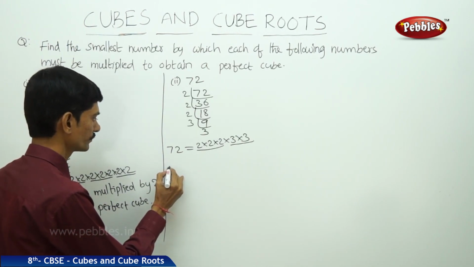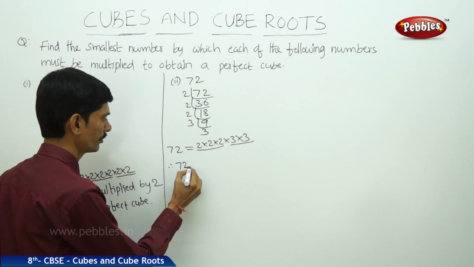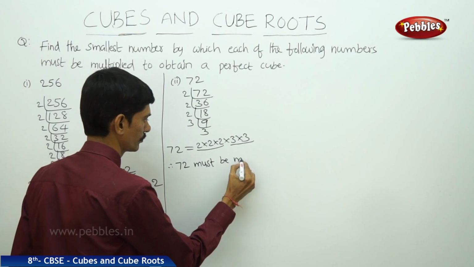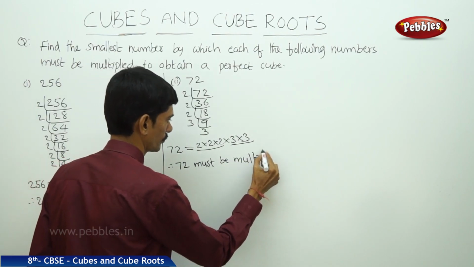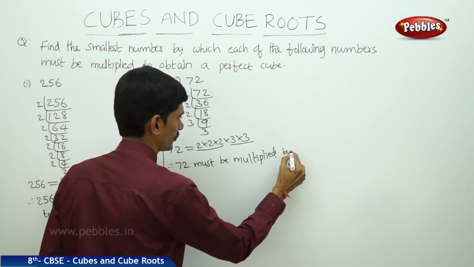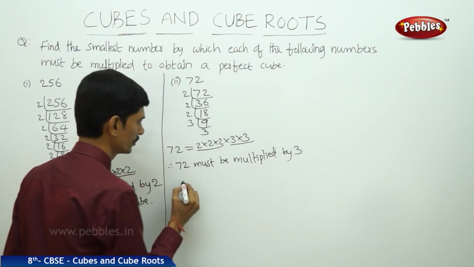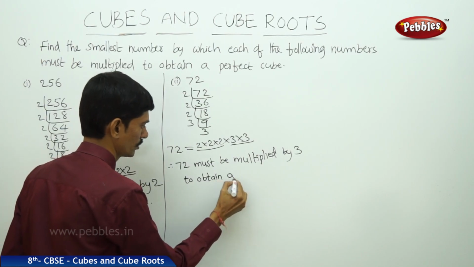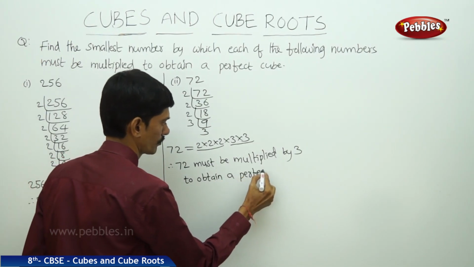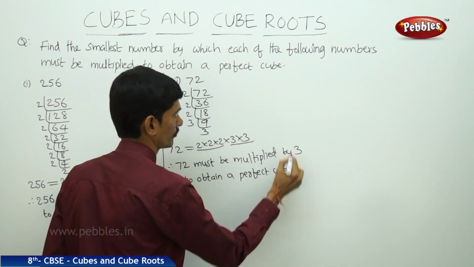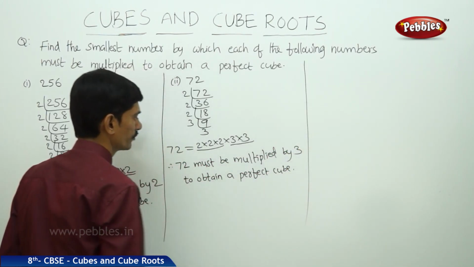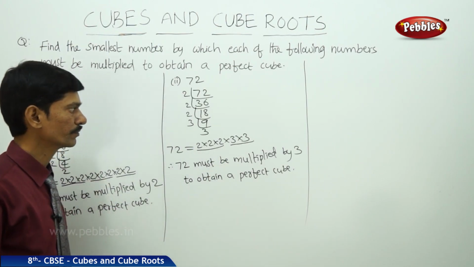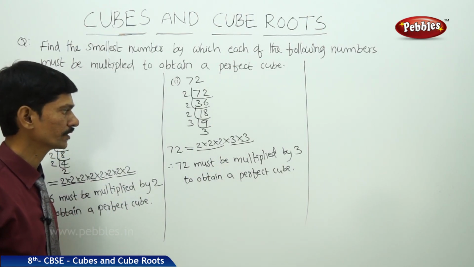So therefore 72 must be multiplied by 3 to obtain a perfect cube. So when you multiply 72 by 3, then you will get another number, and that product will be a perfect cube.